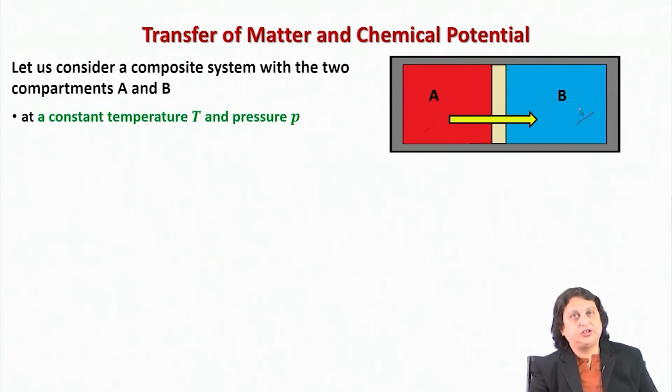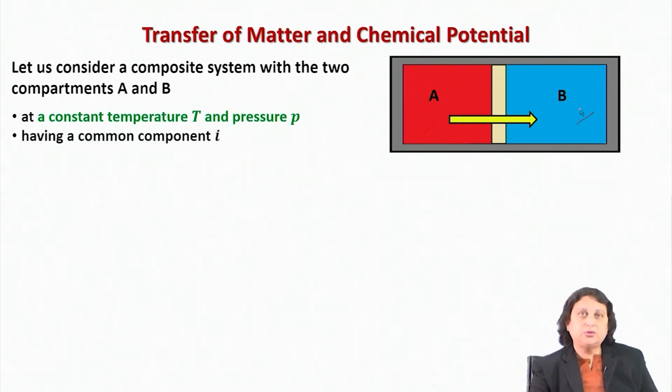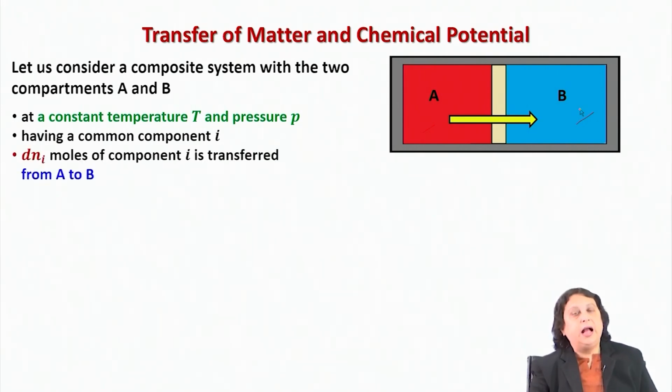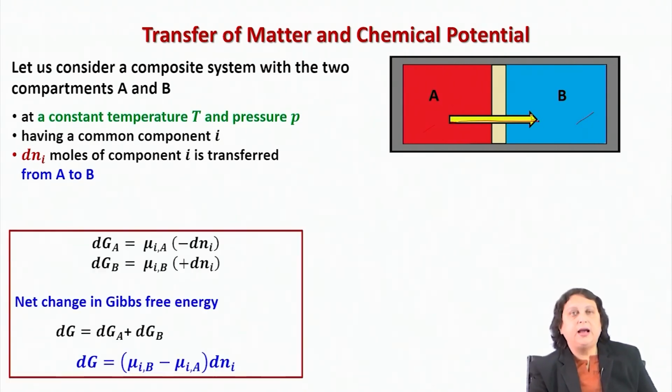Now, at a constant temperature and pressure P, I'm going to say that these two compartments have a common component I, and dni moles of component I is transferred from A to B. Then I understand that there will be a change in the Gibbs free energy of the system in both compartments A and B. So what is going to be the change in the Gibbs free energy in compartment A?